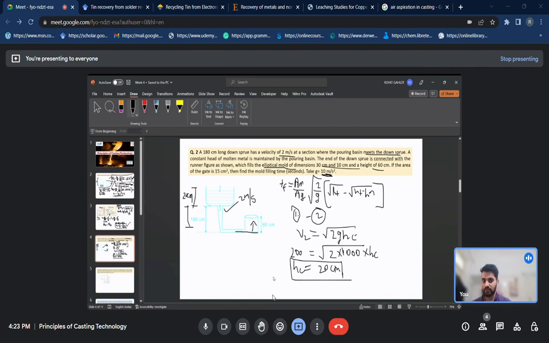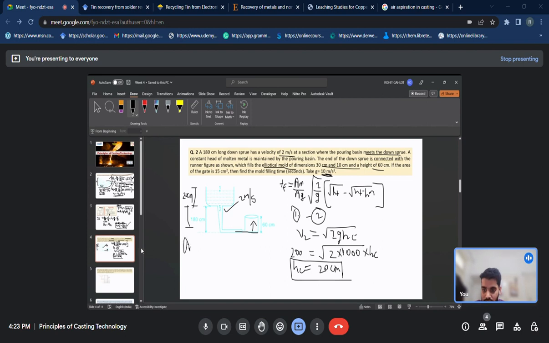So, anyone who got the answer? One more thing you need to take care of here: as the elliptical mold is given, we need to calculate the area of this elliptical mold.